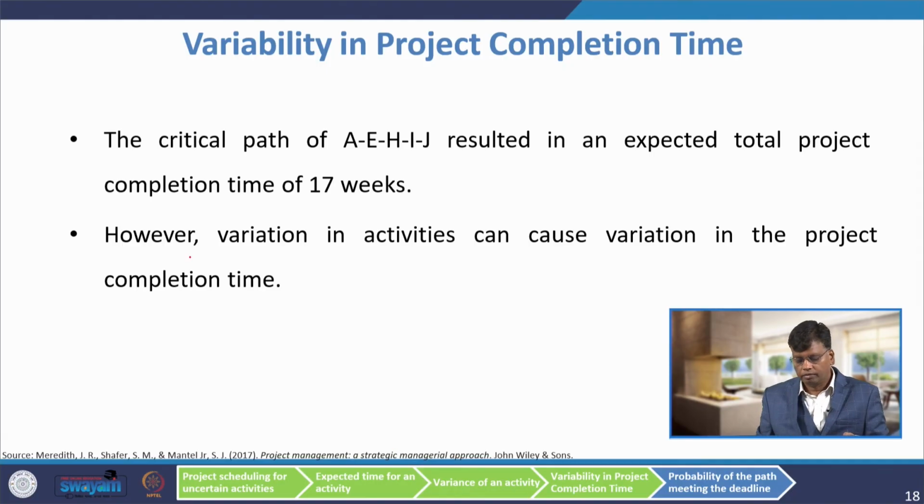However, the variation in activities can cause variation in the project completion time. This is the expected total project completion time, but there is variability. So, we have to consider the variance of all critical activities to see whether it can be finished within 17 weeks or not.